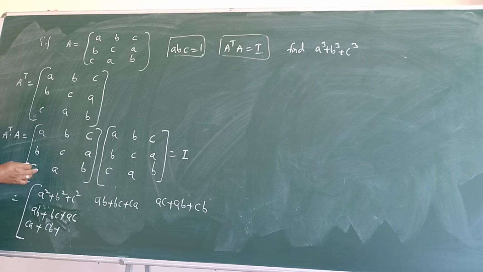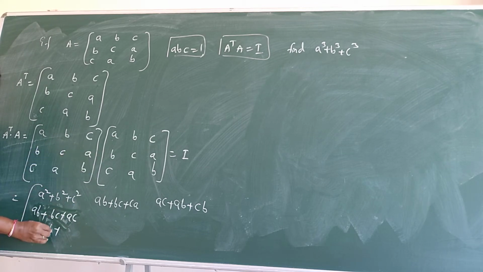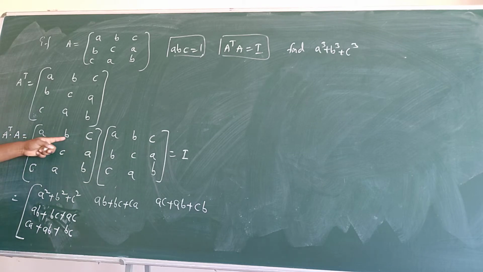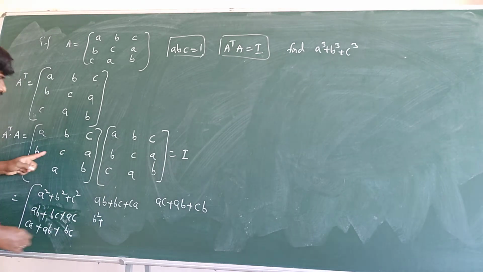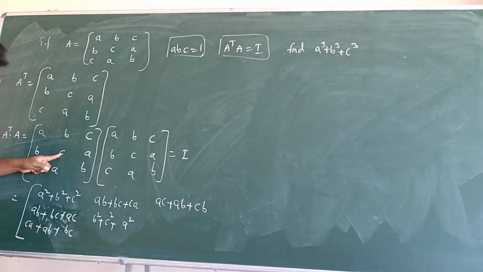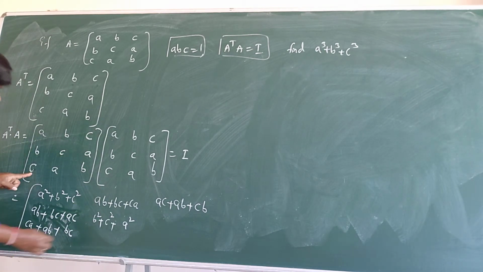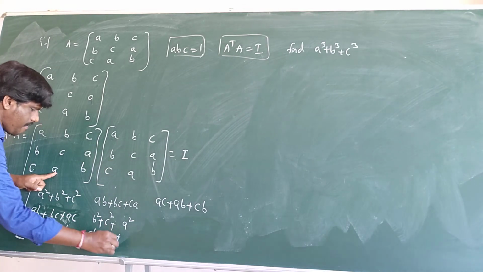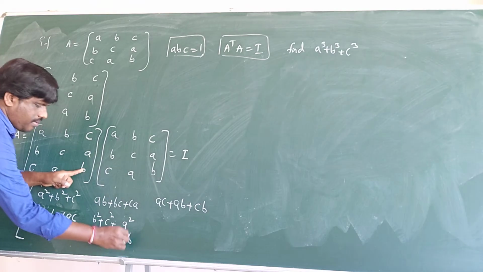C into A, CA. A into B, AB, and B into C, BC. Okay, next here A into B, AB, B into C, BC, C into A, CA. Now B into B, B square, C into C, C square, plus A into A, A square. Correct? Now C into B, CB, row by column. A into C, AC, B into A, AB.